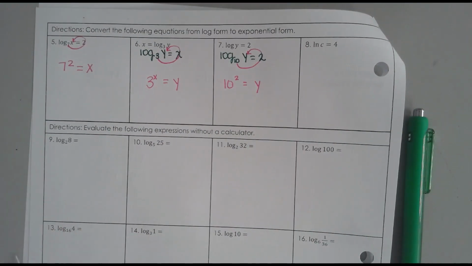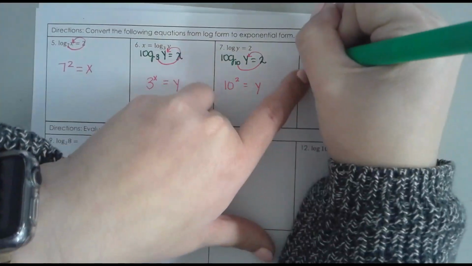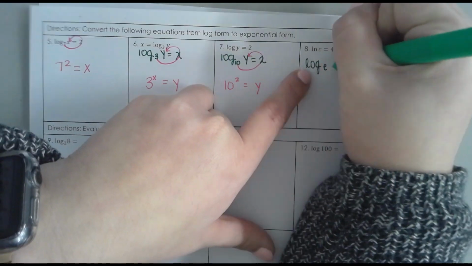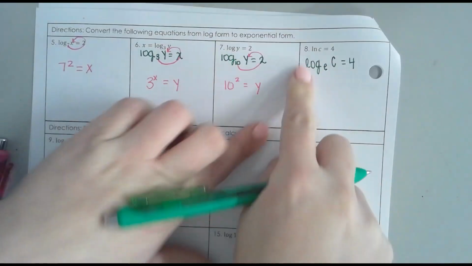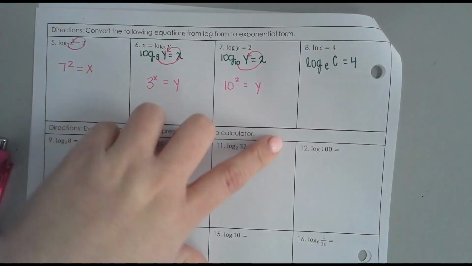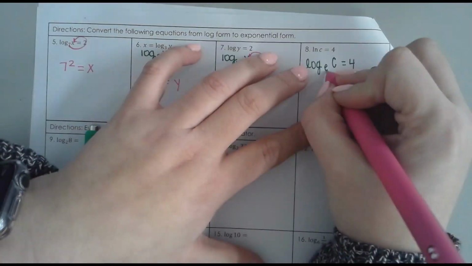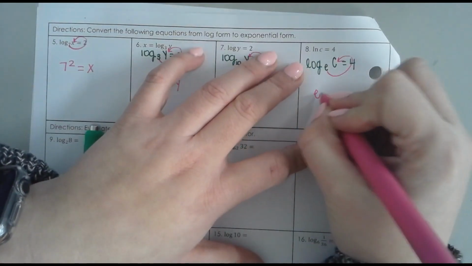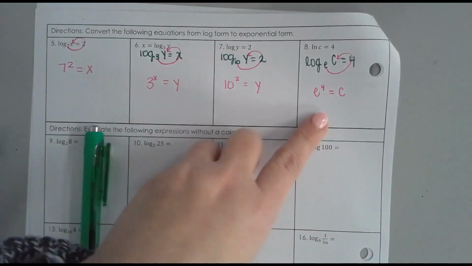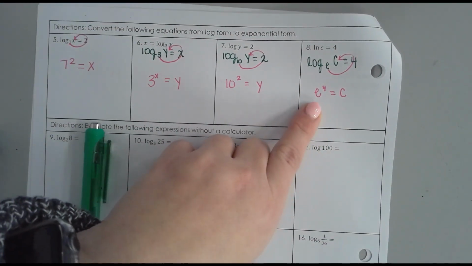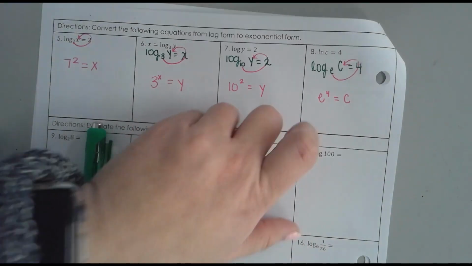Number 8, natural log of c equals 4. Well, that's really log base e of c equals 4. So remember, natural log is log base e. And that would be e to the 4th power equals c. And if I wanted you to actually solve for c and give me an answer, you can type in e to the 4th.